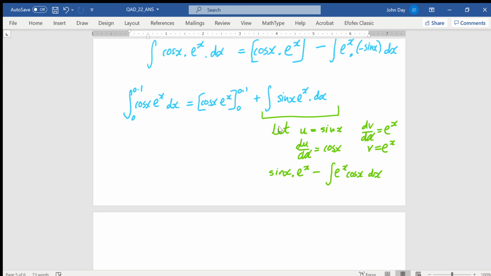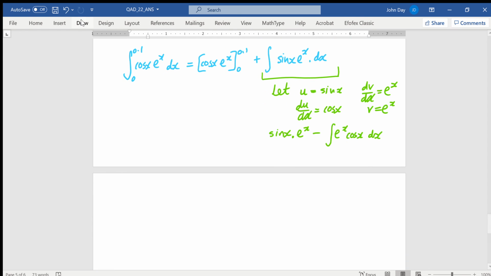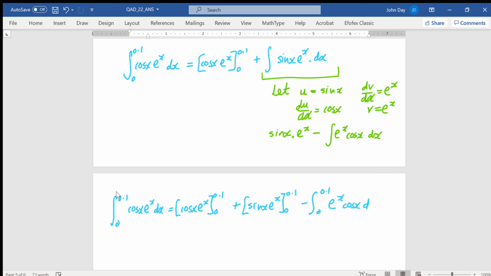All right, so I'll write down in one big long row what I've got so far. I've got that the integral from 0 to 0.1 of cos x e to the x dx is equal to cos x e to the x from 0 to 0.1 plus sine x e to the x from 0 to 0.1 minus the integral from 0 to 0.1 of e to the x cos x dx.